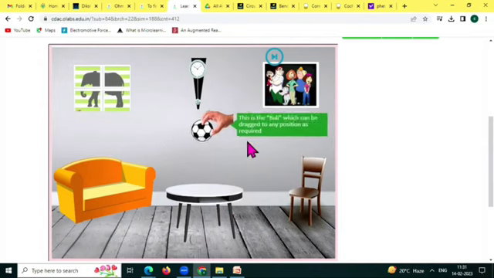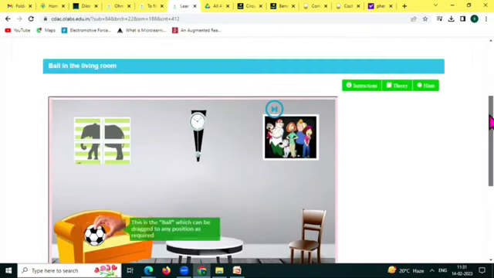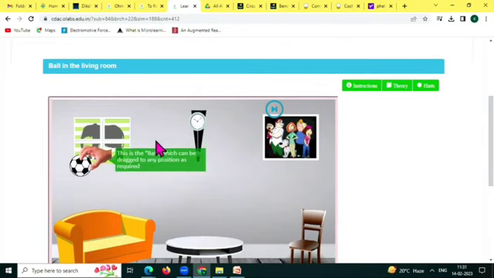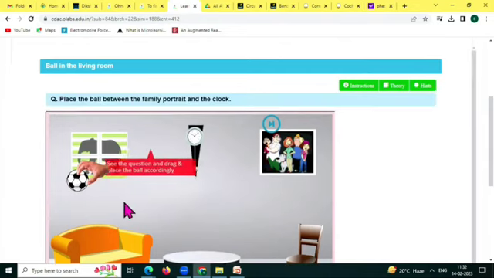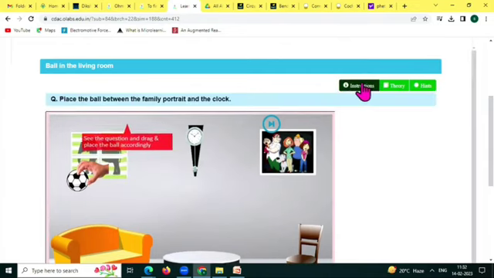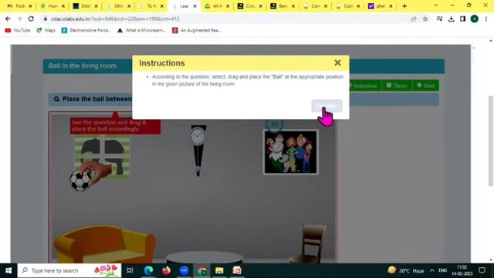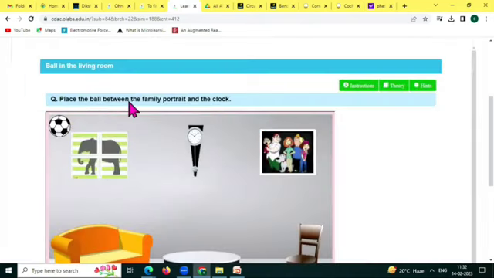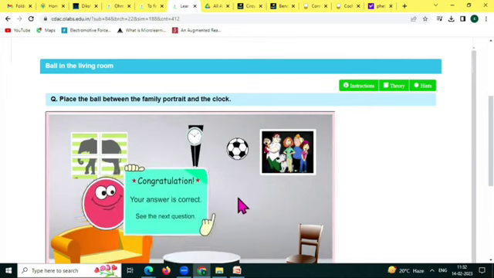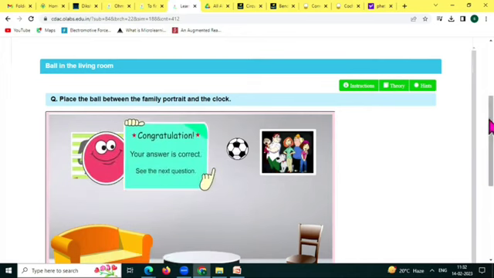So what is to be done here? See the question and drag instruction. Place the ball between the family portrait and the clock. Family portrait is here and this is the position. Congratulations, your answer is correct.